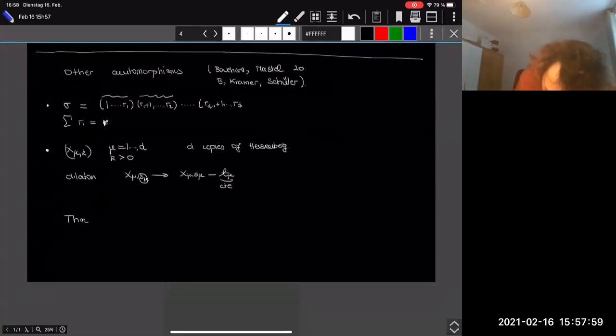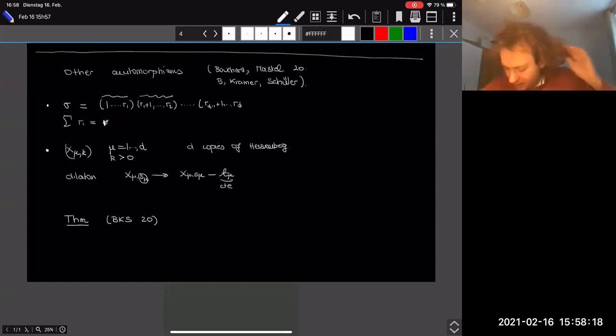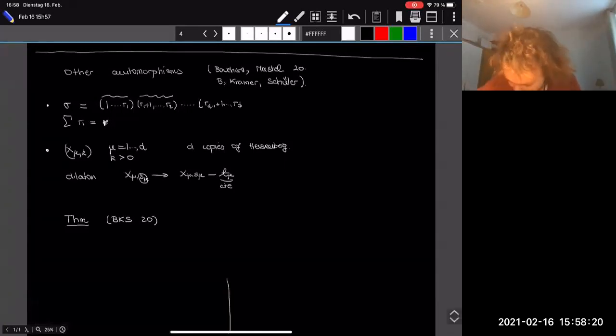And the answer is rather constrained. And somehow this is quite surprising. So here is what we know is true. We believe it's a complete classification, but we cannot prove it.